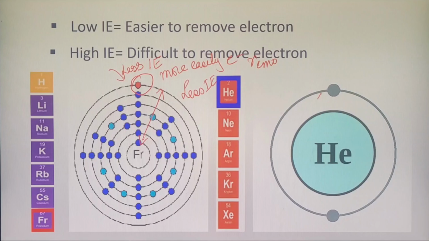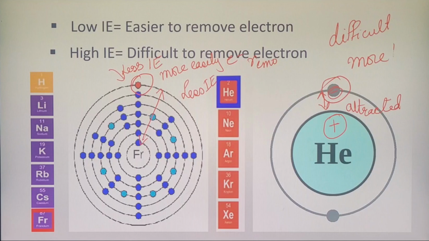Whereas can you see here for helium, children? The electron that I want to remove is very, very close to the nucleus. Nucleus is positively charged. My electron is negatively charged. They are very much attracted to each other. So here, it is going to be very, very difficult for me to remove the electron. So when it is difficult, I have to put in more ionization energy. Is this clear?